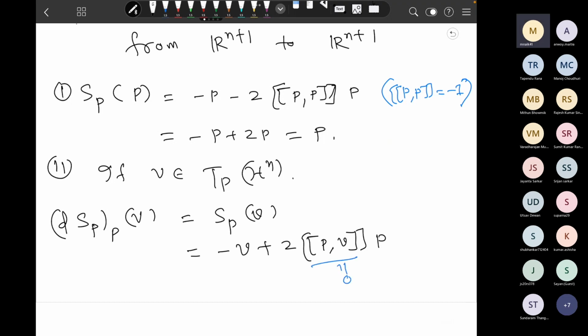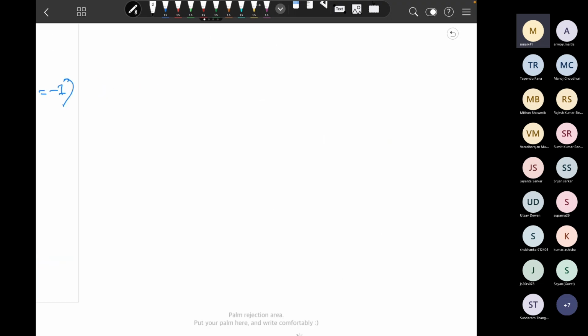So DSP at P of v is minus v. So DSP at P is really minus identity.